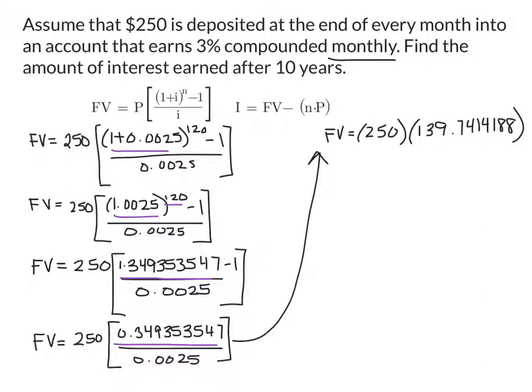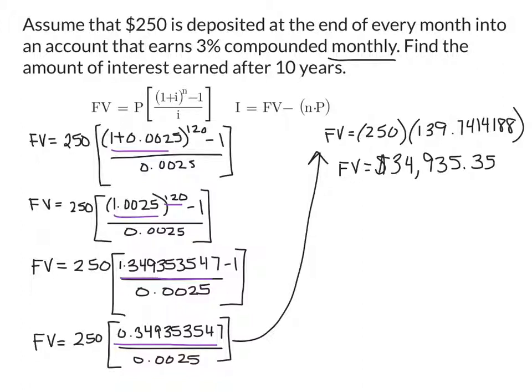Next, we'll multiply that value by 250, and we'll round to the nearest cent. So when you multiply 250 by 139.7414188, we get $34,935.35. So this is our answer for future value.